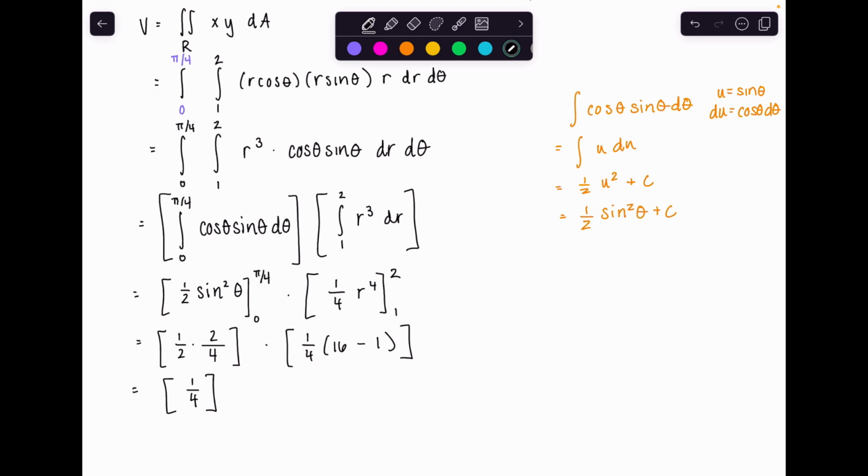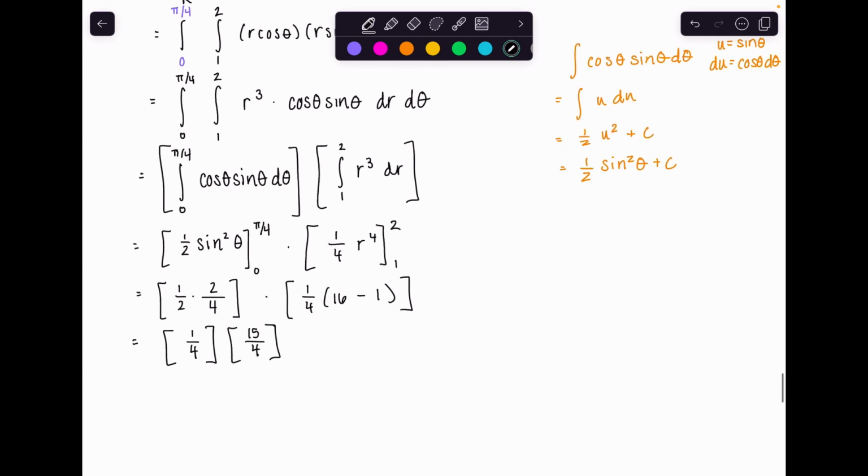So this is 1/4 times 15 over 4. If you left it like that, not a problem, but those do simplify. You just multiply those denominators. And the volume of this solid ends up equaling 15 over 16.